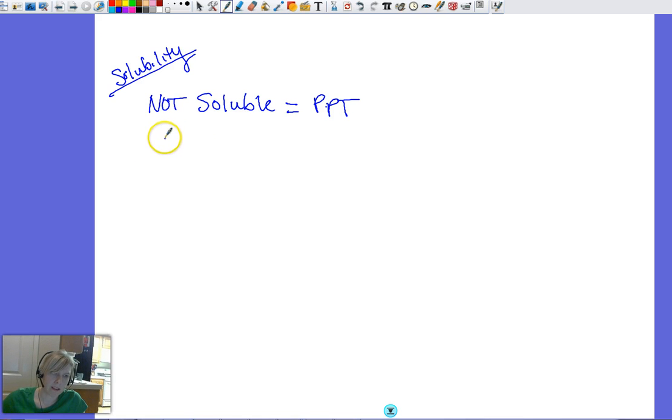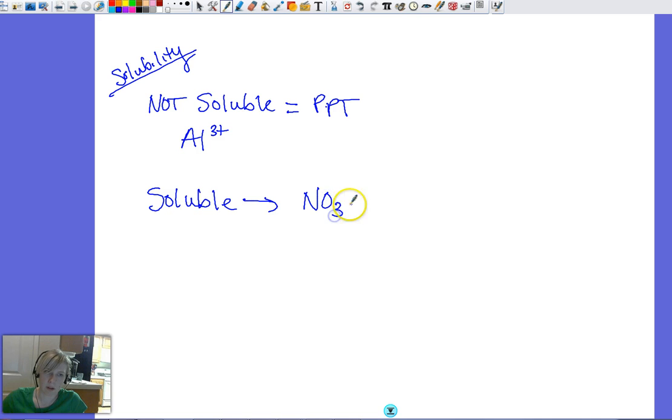So one that fits that bill could be Al3 plus. Something that will not precipitate with anything: you look down the chart and find one that only says soluble. That means nothing will precipitate when mixed with that, and that one would be nitrates. You can add nitrate to anything and it will not form a precipitate.